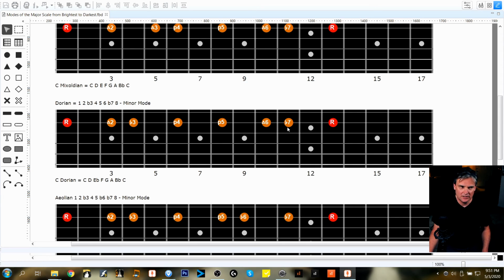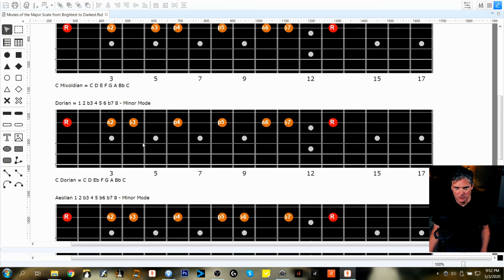Well, in the case of melodic minor, and we're not talking about melodic minor in this course, but melodic minor is like the Ionian mode, but it has a minor third, but it has a major 7, but we call it melodic minor, okay, because of its flat 3. But at any rate, we're talking about the Dorian mode here.